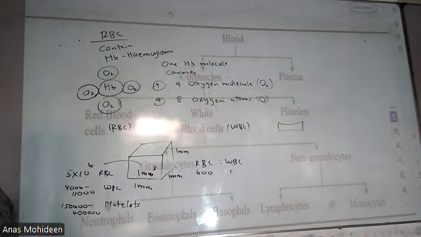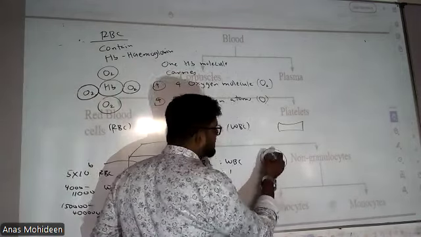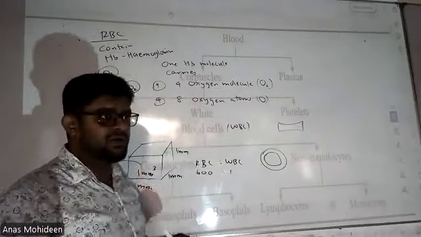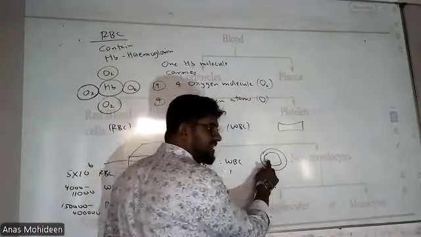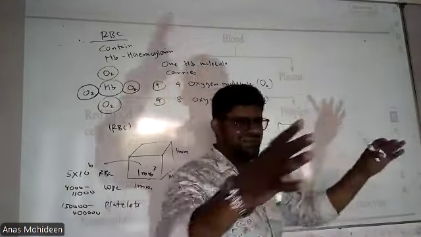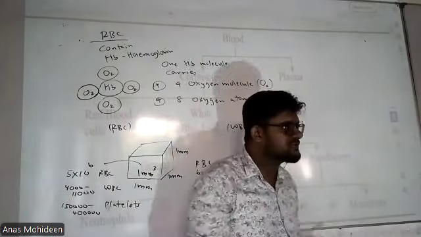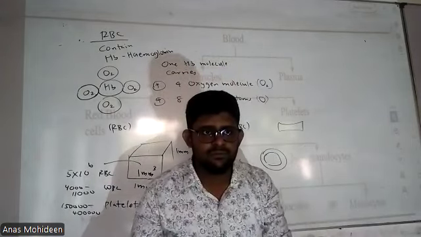To do so, the nucleus is not present. If there is a nucleus, this can't be done. Why? This is only one HB molecule, right? A lot of HB molecules may be there. Let's say a bus is loaded with goods, then the space given for passengers would be less, right?